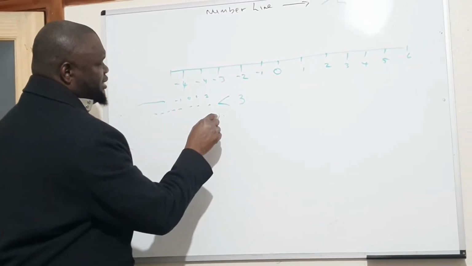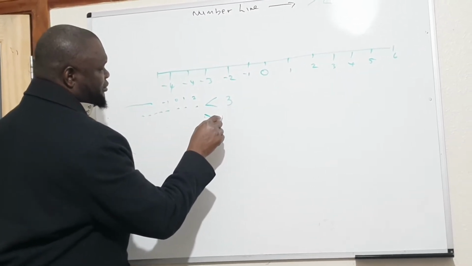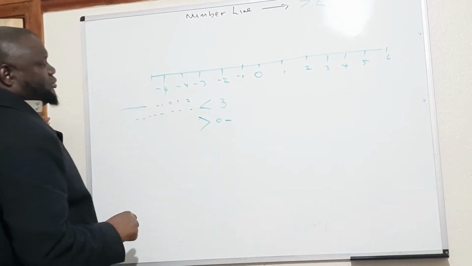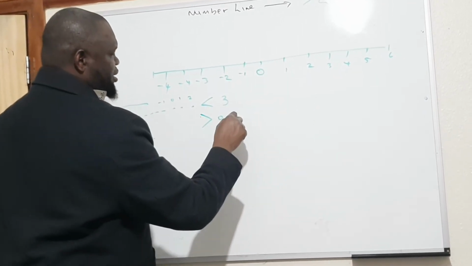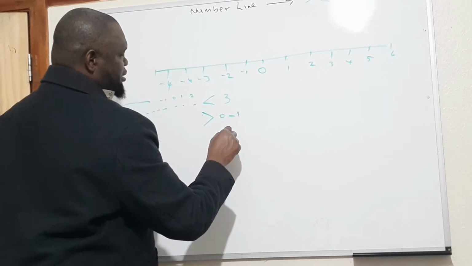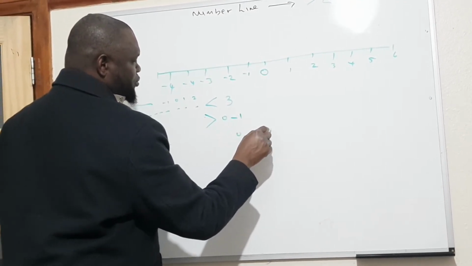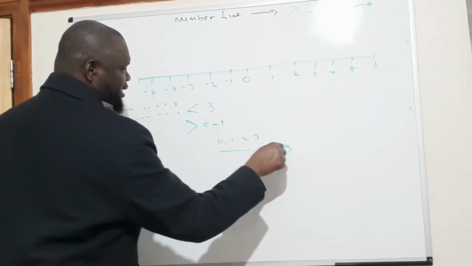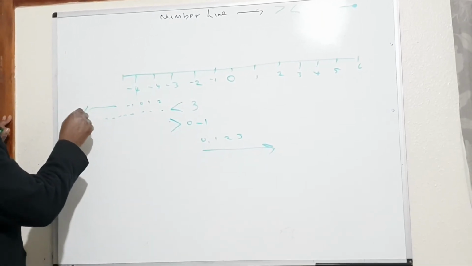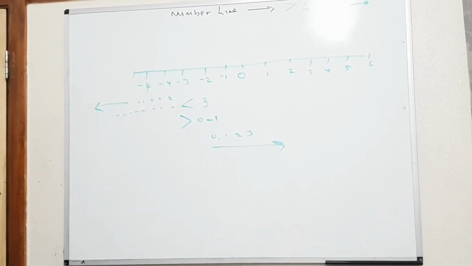Now what about greater than minus 1? That will point that way. That will be 0, 1, 2, 3, going towards this direction.